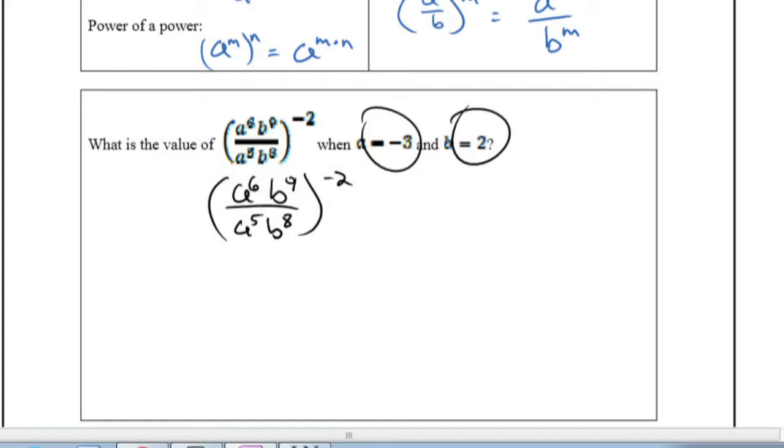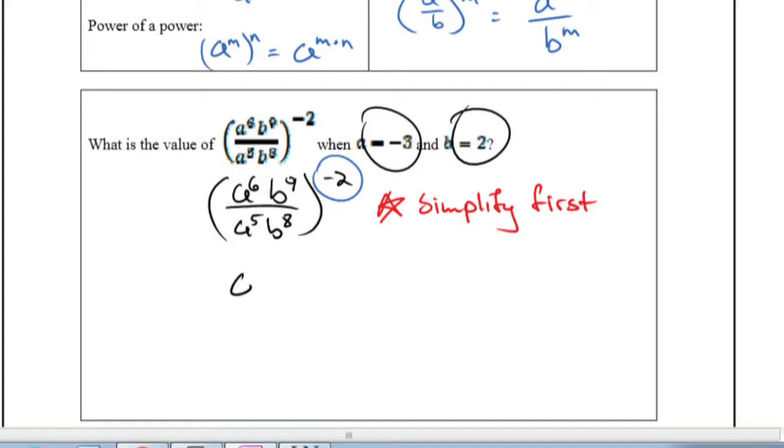So just like I did before, I really don't like dealing with these negative exponents. So I want to simplify before I do anything in terms of substituting those values in. I don't like this negative exponent here. I want to get rid of it. So what I'm going to do is flip everything.